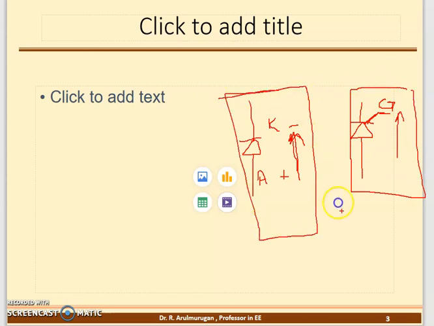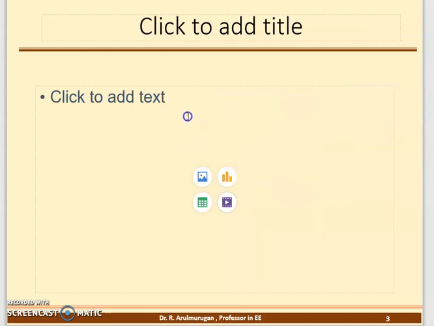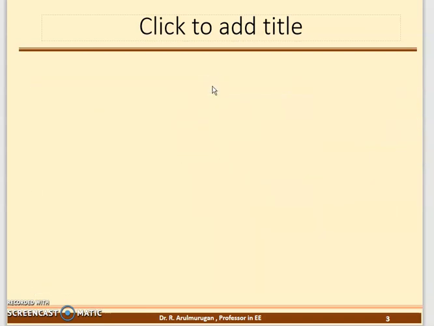Both are unidirectional flow devices. The diode is an uncontrolled device: uncontrolled on, uncontrolled off. What is uncontrolled on and what is uncontrolled off? See, a diode is there. Here is a power supply. The anode is positive with respect to the cathode, which is negative.